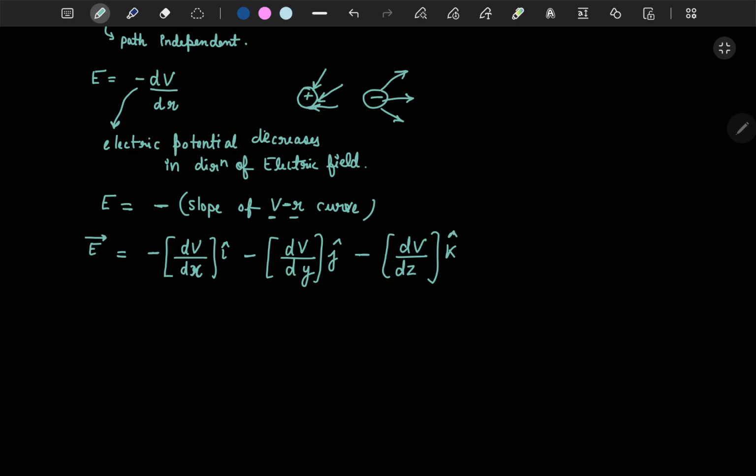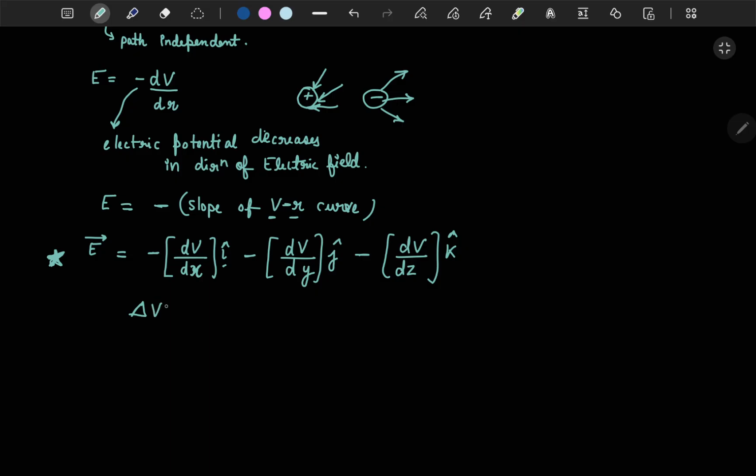So this is the important formula you need to remember, because many students forget to differentiate with respect to different axes and get the wrong answer. So for getting the electric field, we have to differentiate potential with respect to each axis, and it will give the answer in i cap, j cap and k cap form.